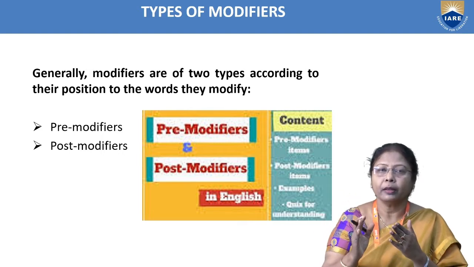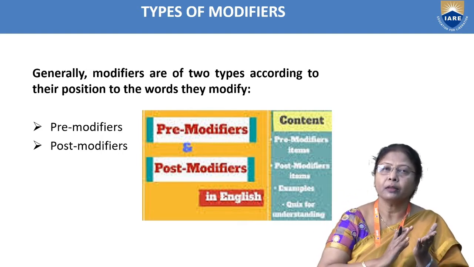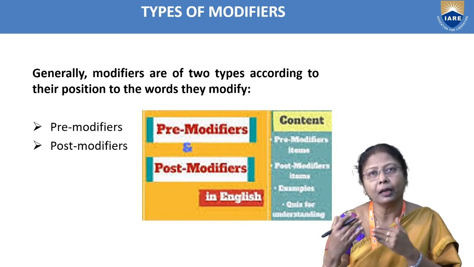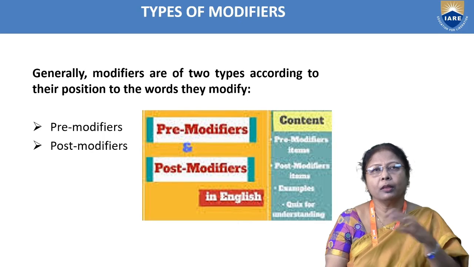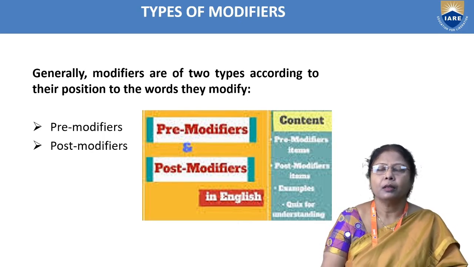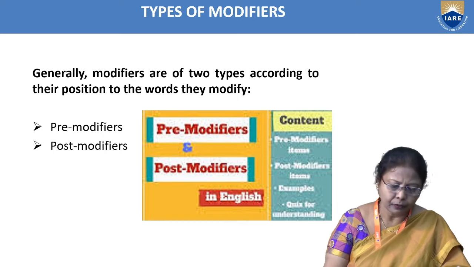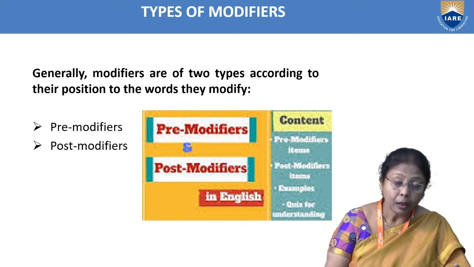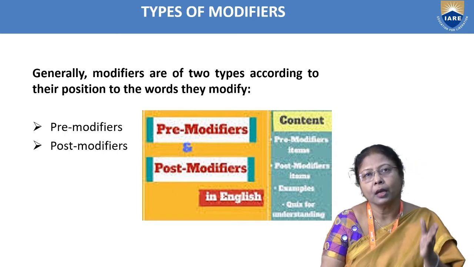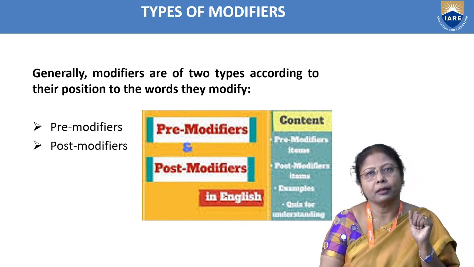If you place pre-modifiers, see how the sentence will change, what meaning it gets. Generally these modifiers are of two types, based on the position of the words they modify, that is, where they are placed in the sentence.